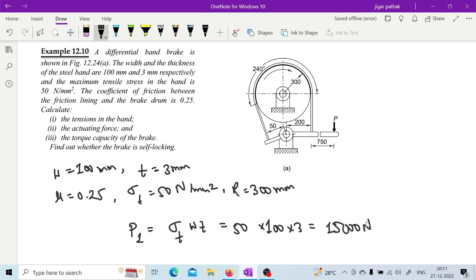So once you have this, you can calculate P2 equal to P1 upon e raised to mu theta. Now theta you need to convert into radians by multiplying with pi by 180.